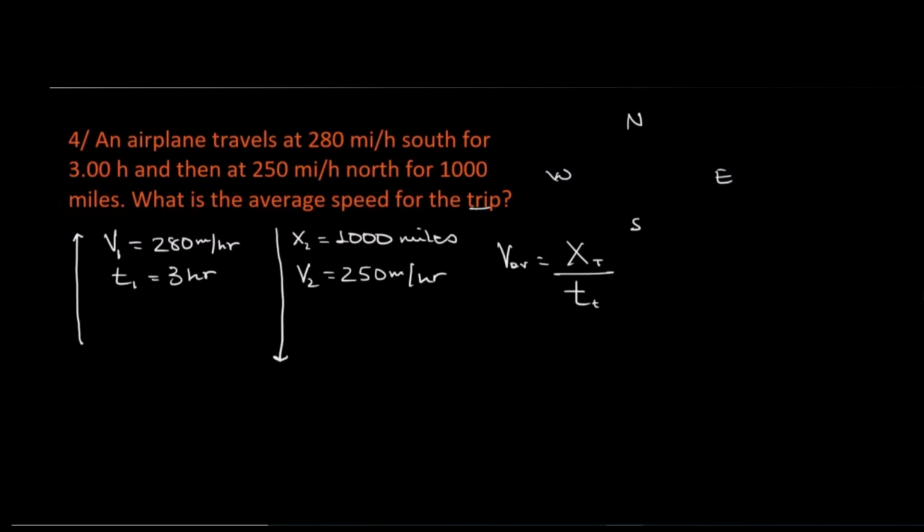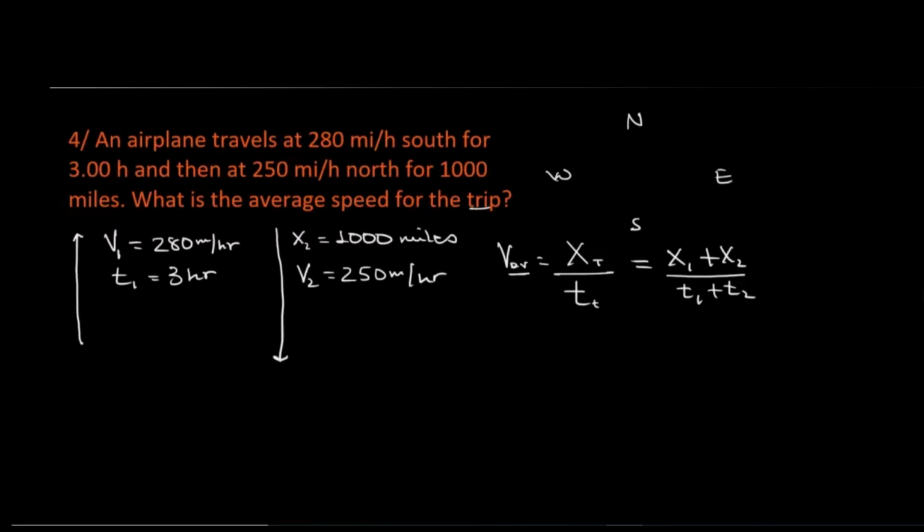For this one, I have T and V. So how can I calculate X from the first trip? Because this is X, the first trip, plus the second trip, over the first time plus the second time. This is just the formula for average speed.